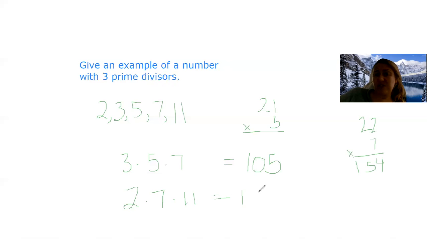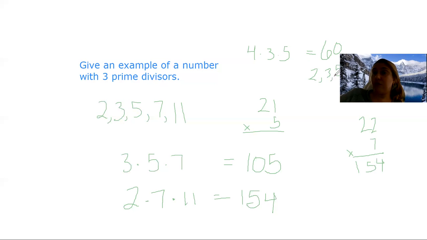I could also raise these to any power that I wanted, and combine them. If I want my number to have 3 distinct prime divisors, if I did 4 times 3 times 5, this number, which would be 60, would have the prime divisors of 2, 3, and 5.